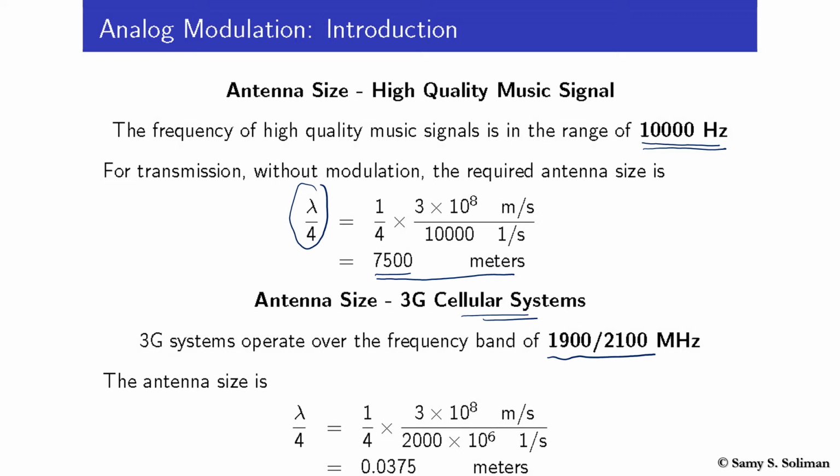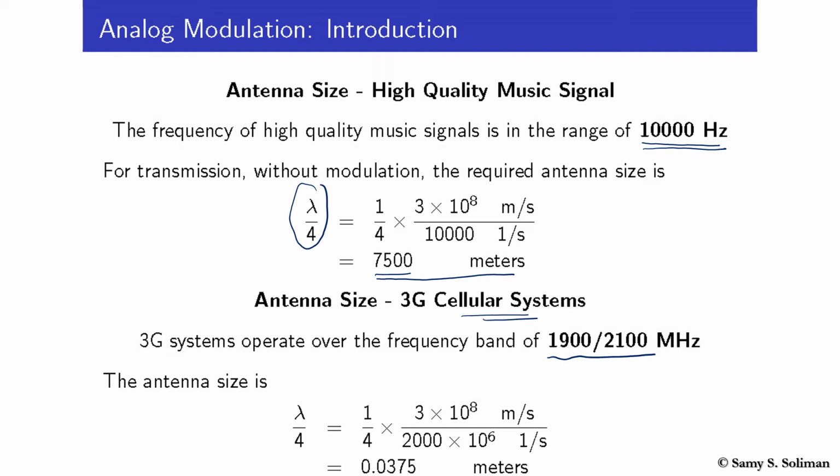Consider a voice call in which the original information has frequency in the range of 4 kilohertz. However, we perform modulation such that the frequency content is translated to around 2.1 gigahertz.